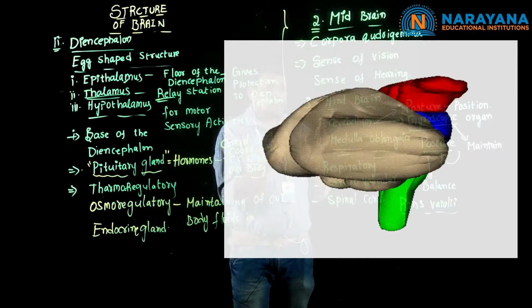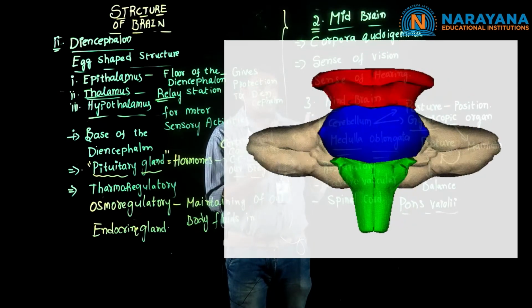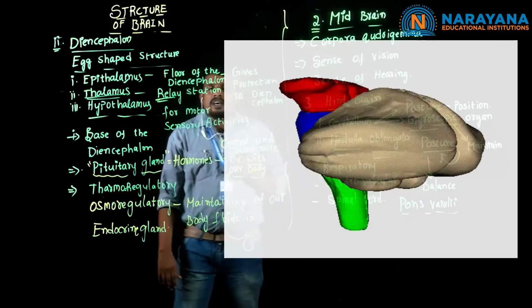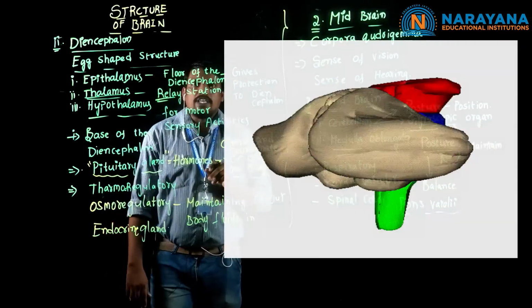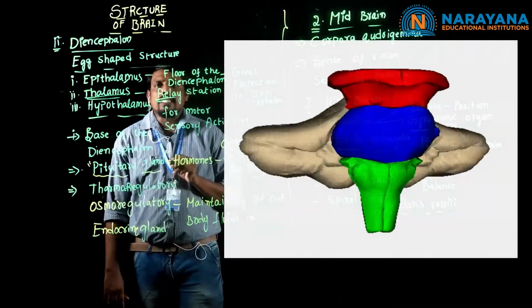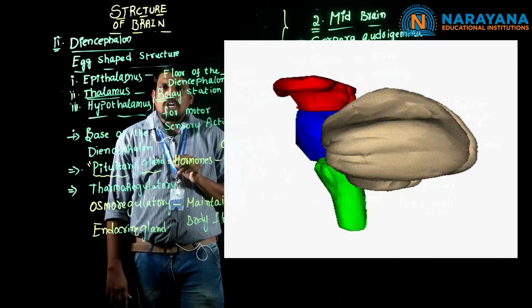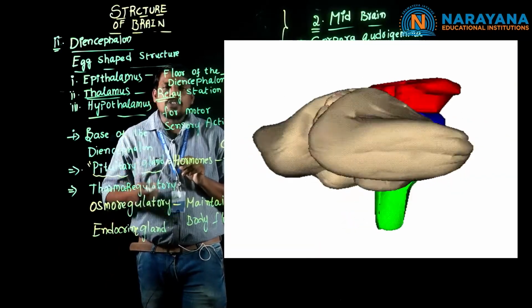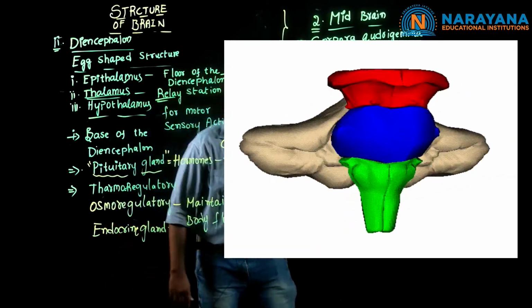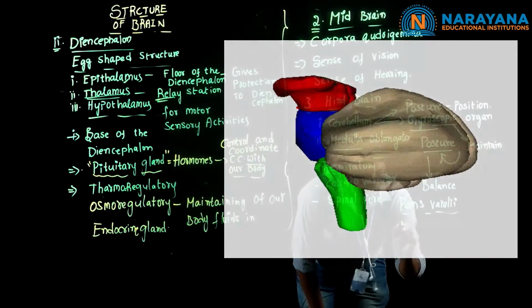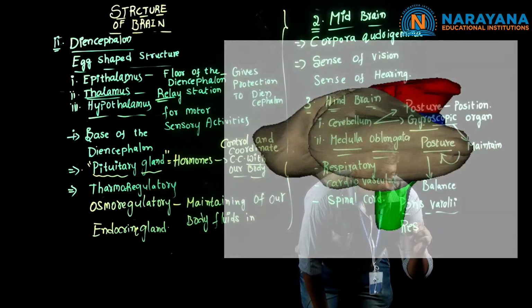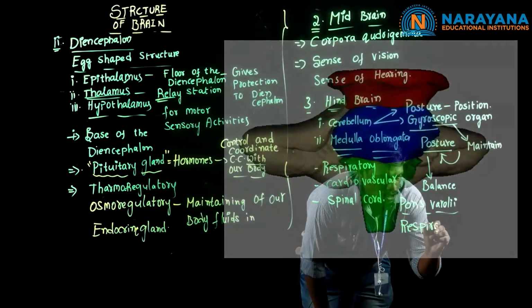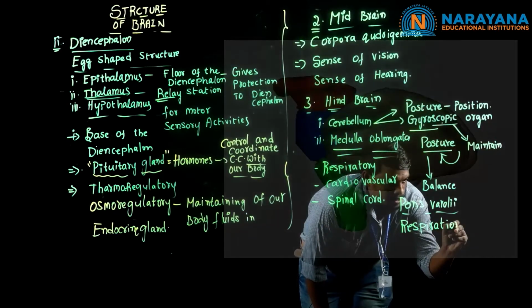What is the function of pons varolai? Respiratory movements. Pneumotaxic centers are located in the pons varolai. Pons varolai is responsible for respiration. What kind of respirations?